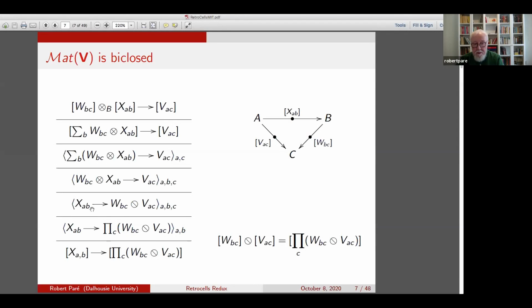So a map from here into there is the same thing as a family indexed by A and B. And now this is a matrix of morphisms from XAB into this product here. So this gives you the internal hum this way. These are three different ways of looking at the internal hum.